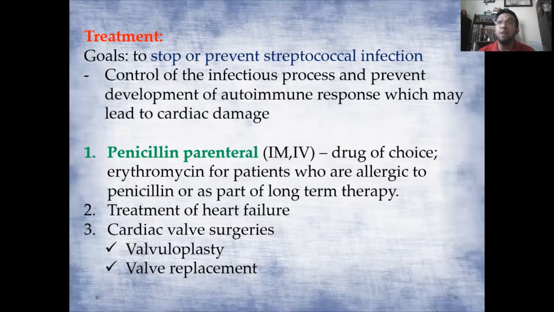Once the patient is already diagnosed with rheumatic fever, they are going to be given antibiotics. The drug of choice would be penicillin, and it's given parenterally, either through IM or IV. If patients are allergic to penicillin, the doctor is going to prescribe erythromycin instead. It's part of long-term therapy.